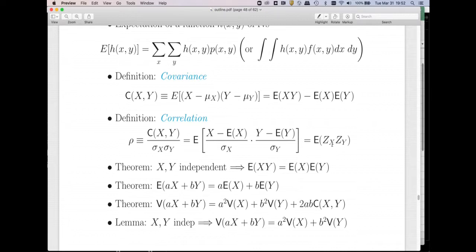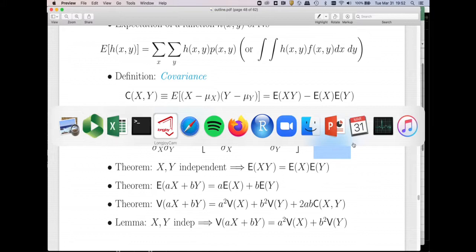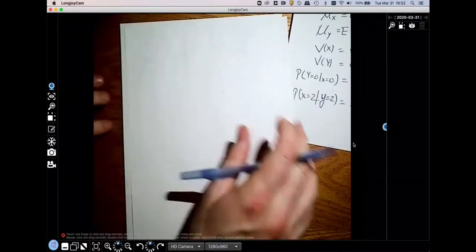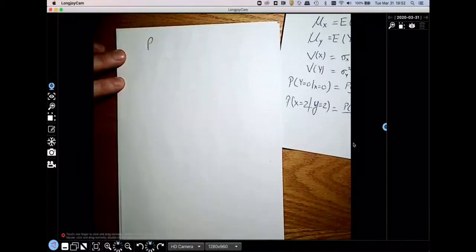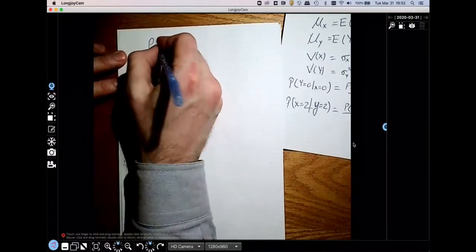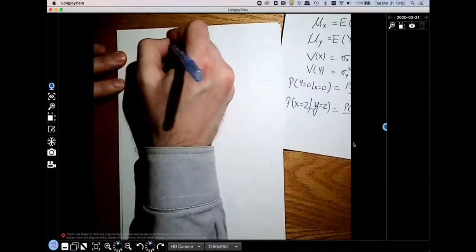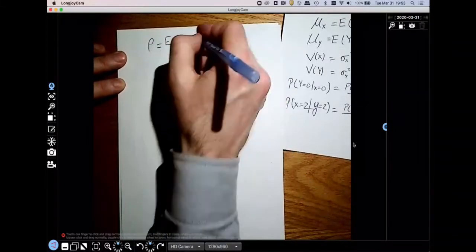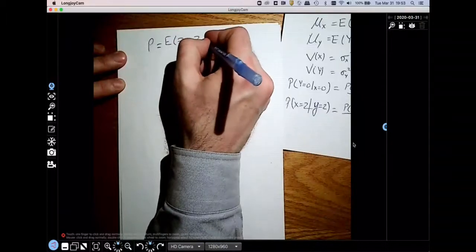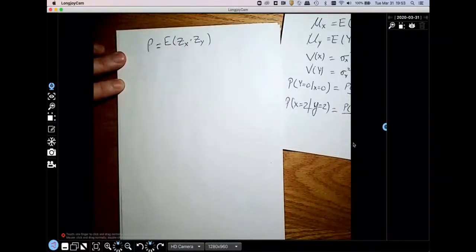Now, I think this formula lends itself to a very simple interpretation. So let's go over to my sketchpad for a second, and I want to illustrate this. So let me just remind you: the Greek letter rho, that's the way I make my rho, is just the expectation of x as a z-score times y as a z-score.